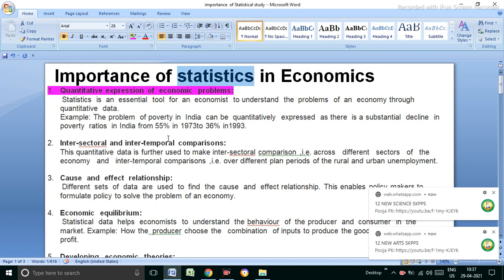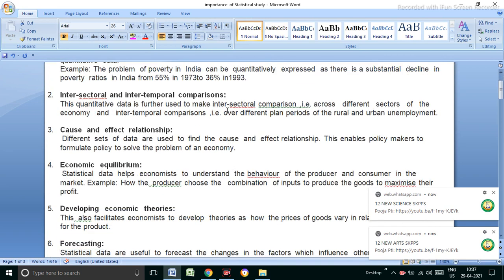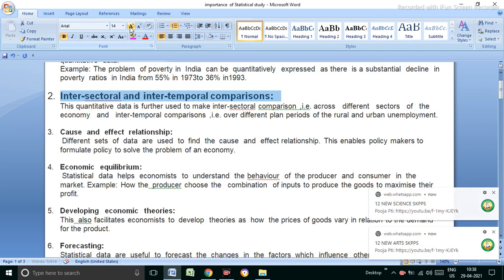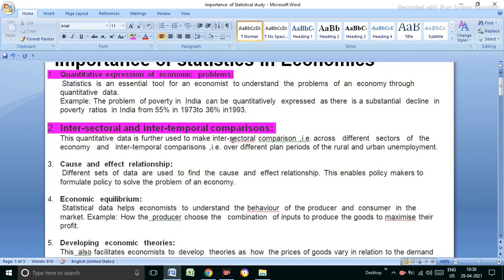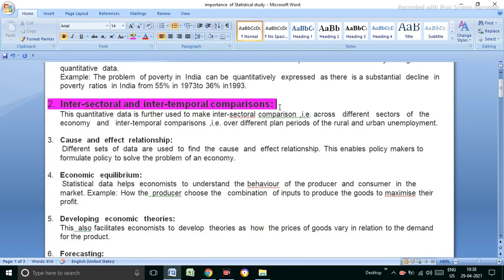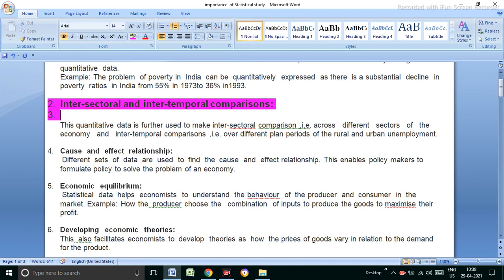Intersectoral and intertemporal comparison. This is the second importance. Sectoral means the primary sector, the secondary sector, and the tertiary sector.